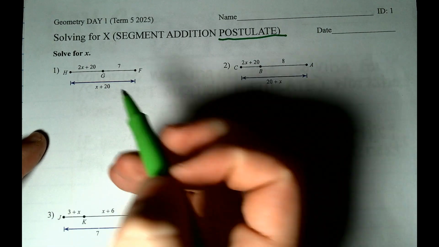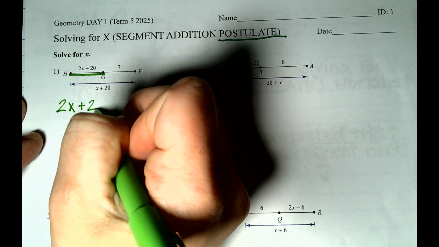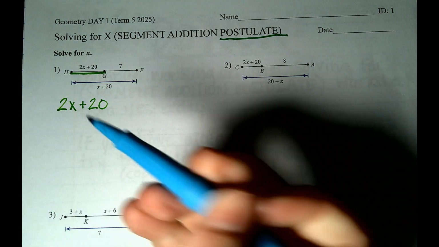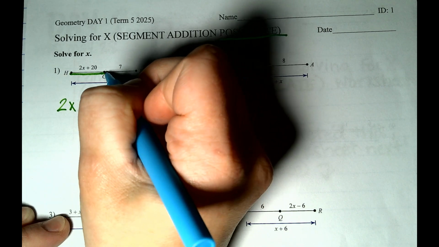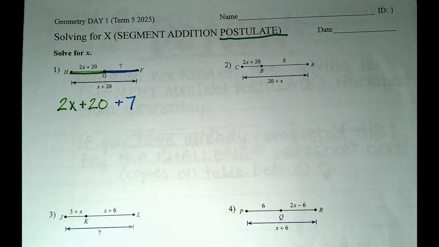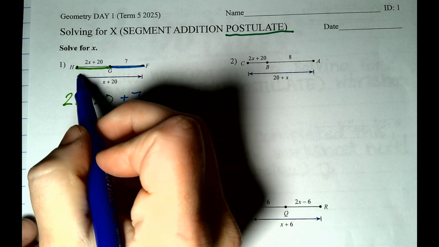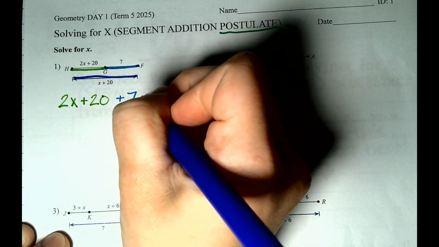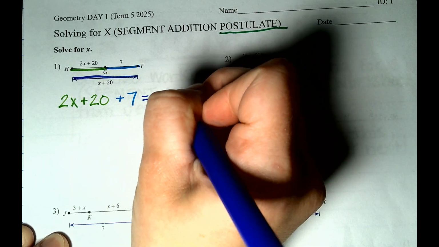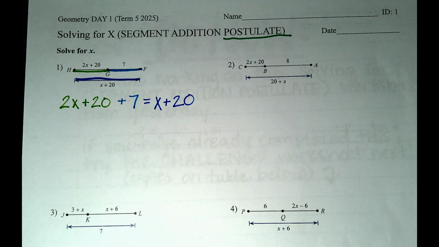It'd be 2x plus 20 plus 7 equals x plus 40. Perfect. 2x plus 20 is the first half of the line. 7 is the next part of the line. So we're adding those 2 bits together to get the overall total length of x plus 40. So we have our equation all set up.